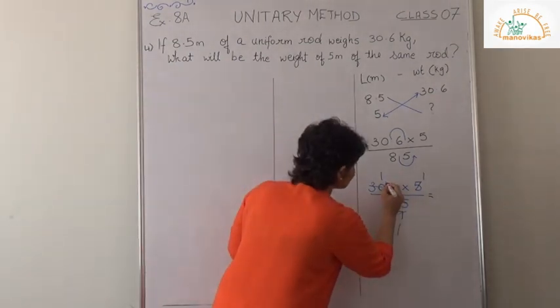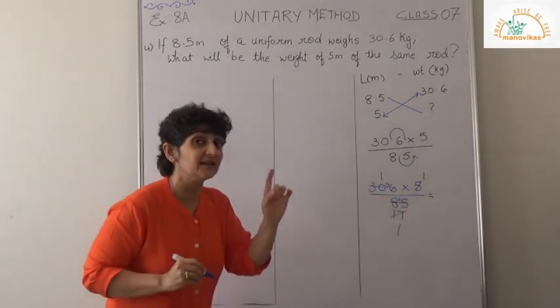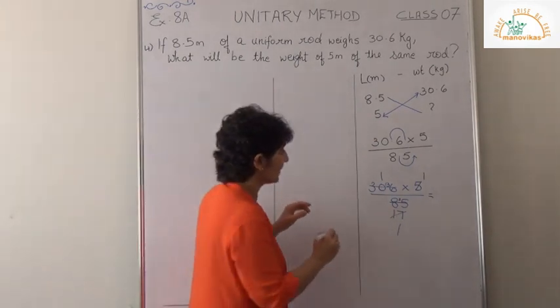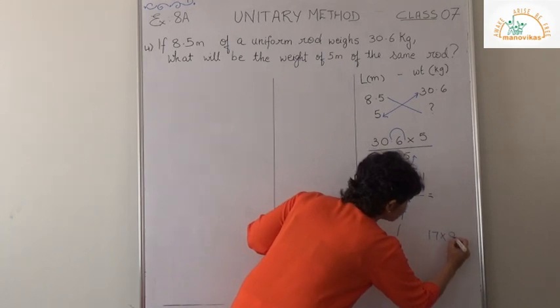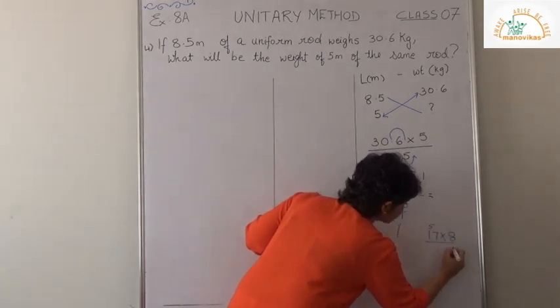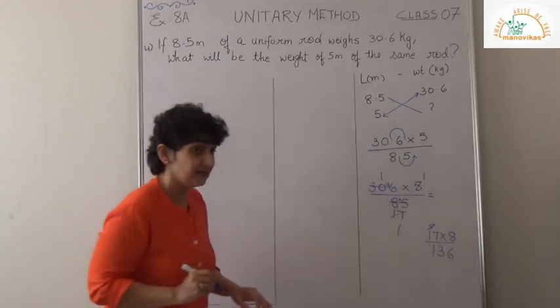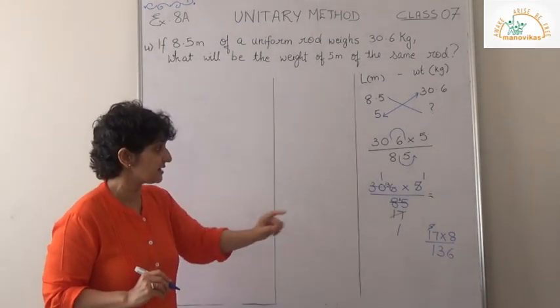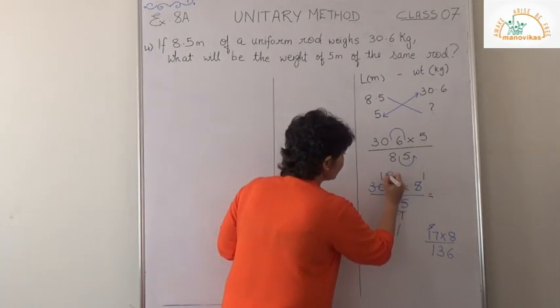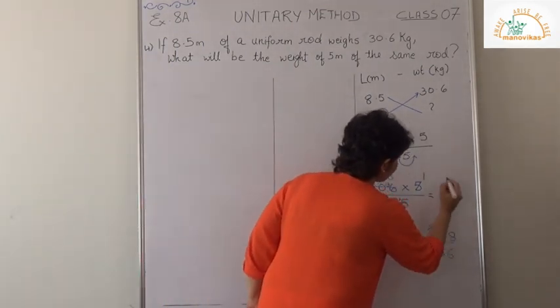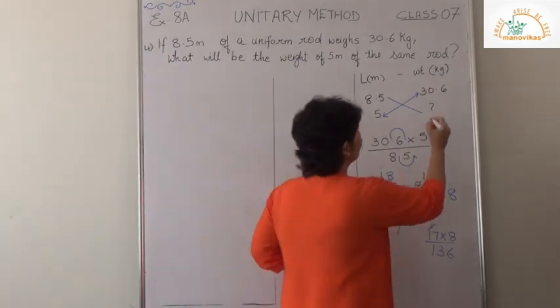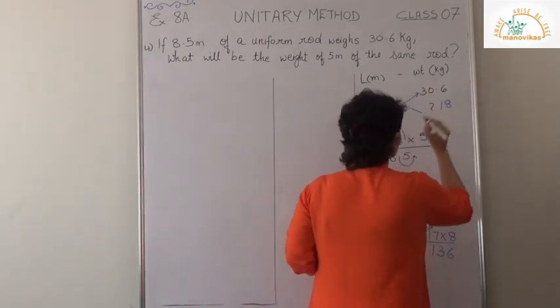So this becomes 136, remember. 17 times 8: 7 8s are 56, 8 1s are 8 plus 5 gives you 13. 17 times 8 is 136. So my answer is 18.